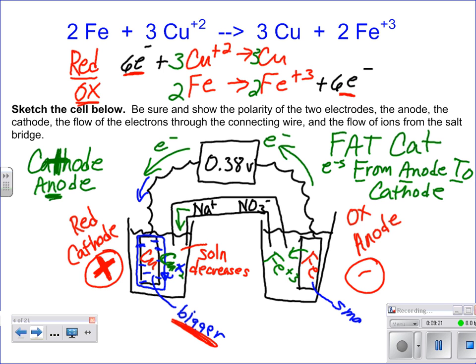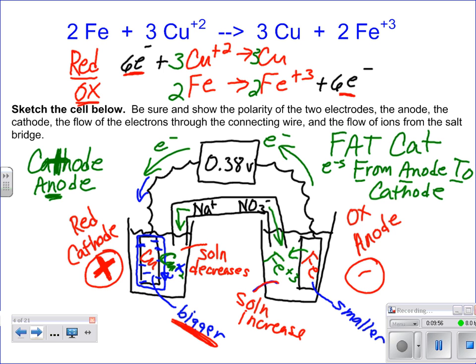It's going to decrease in amount, and this solution is going to increase in amount. And again, because we're losing these electrons, the negative ions from our salt bridge are going to have to replenish that, so those nitrate ions go towards the anode. And I think that covers what we would see in that cell.